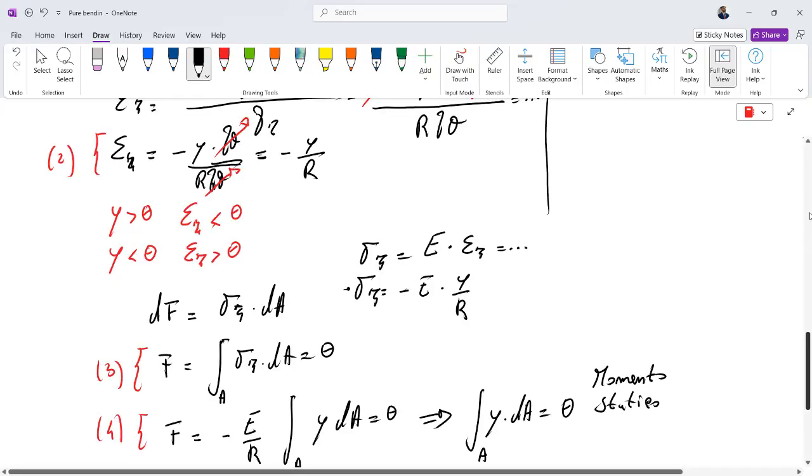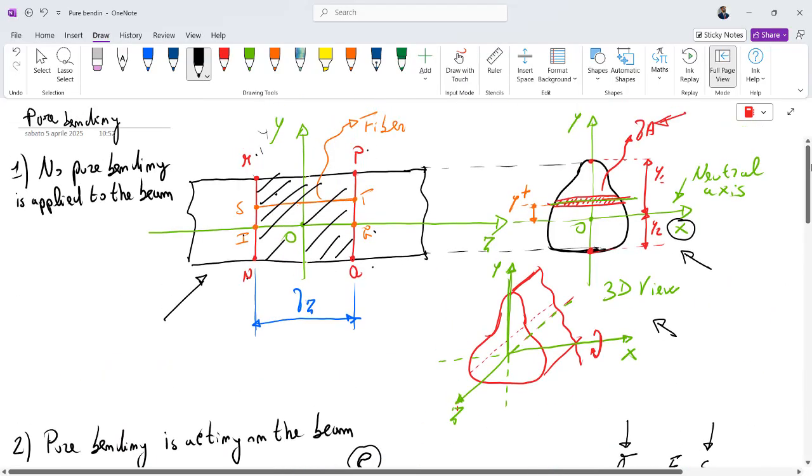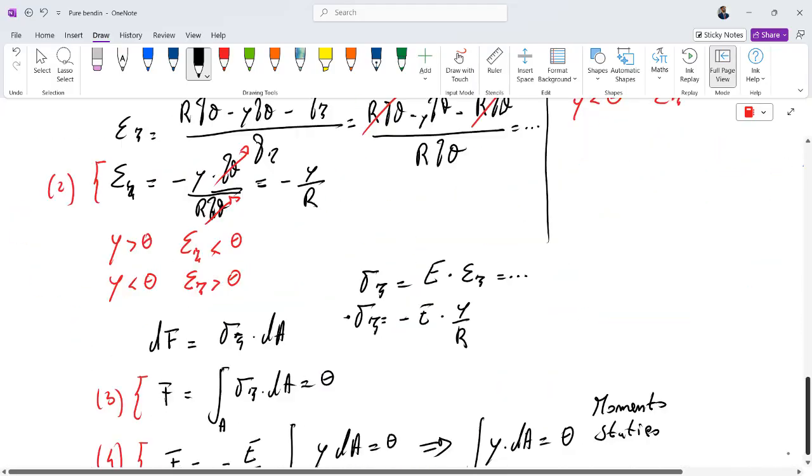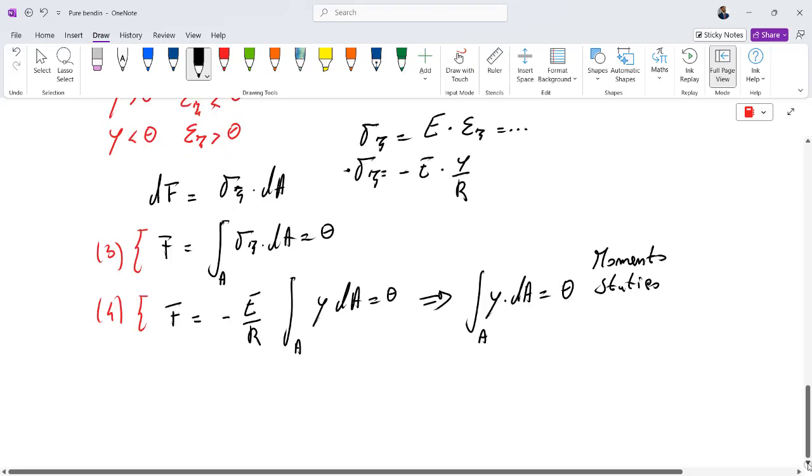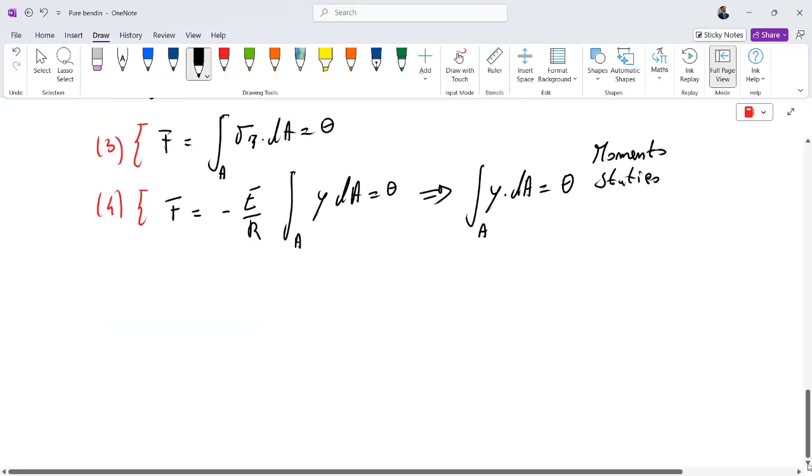Now we can consider this front view with the neutral axis and the symmetrical axis, that is y, and this strip of area called delta A. So the force acting on this little strip of area is a compression force, clearly.